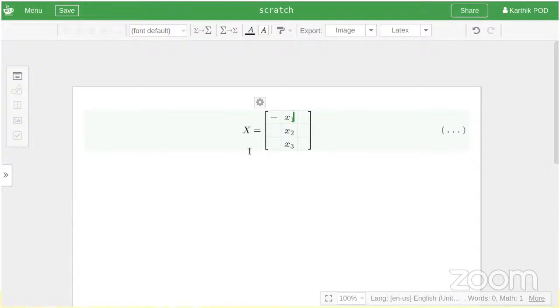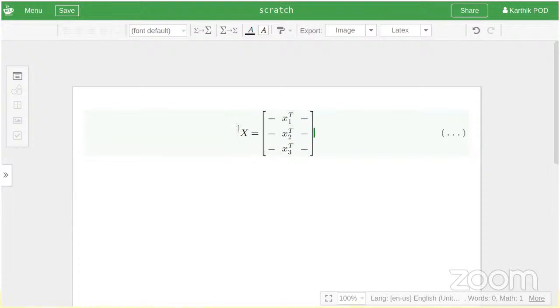These are feature vectors transposed, so better to express them as x1 transpose, x2 transpose, where x1, x2, x3 are column vectors.